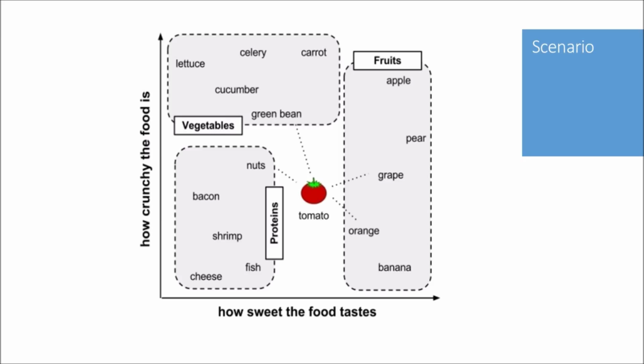The lines you see from the tomato to a green bean, to a grape, to nuts, and to orange, that distance is called Euclidean distance in the scientific world. I'll get to that in a minute.